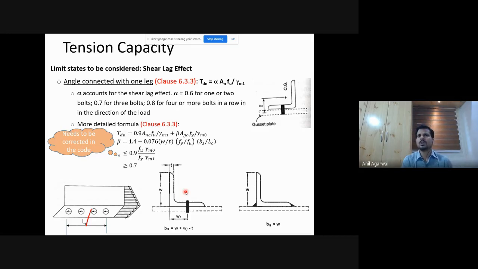But then you have to refer to some specialized literature. You can do finite element analysis and figure out how much shear lag effect you are getting, or make some kind of a conservative guess. If you have 2 rows, you can assume that you have only 1 row, with all the bolts in a single row, assumed to be farther from this edge. With that assumption, you can be conservative and still use this formula.